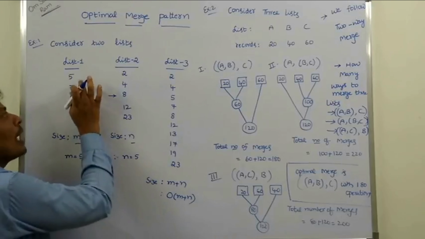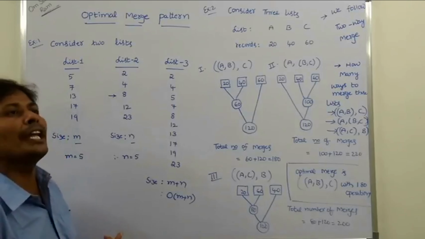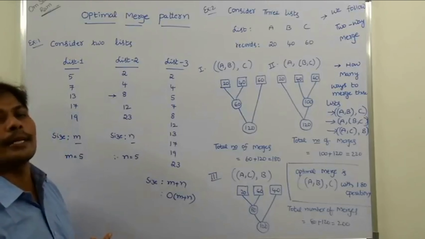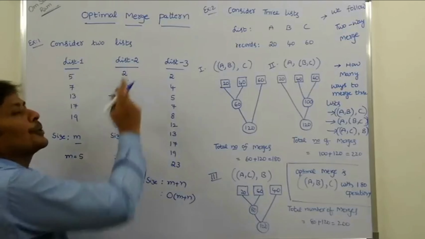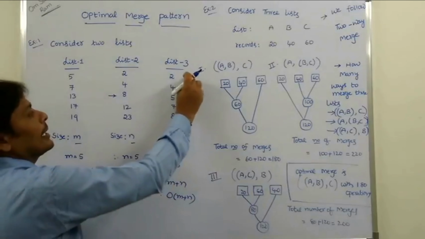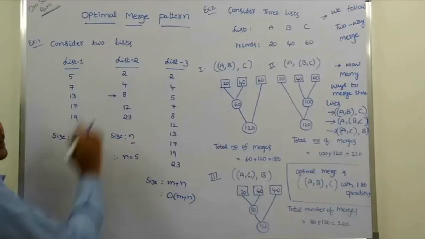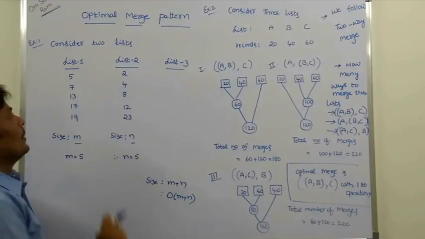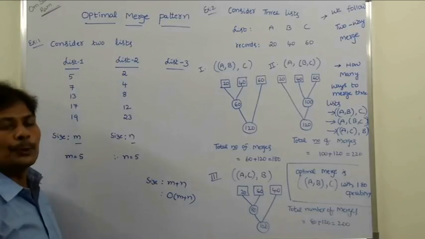How do we merge list 1 and list 2? How many comparisons are required to merge list 1 and list 2 into a single sorted list, that is list 3? First, 5 is compared with 2.